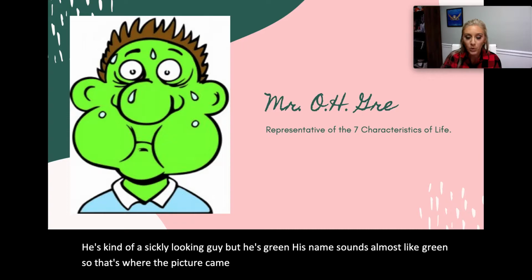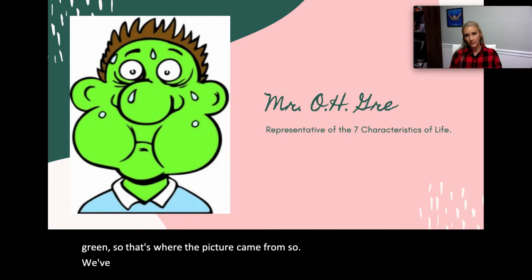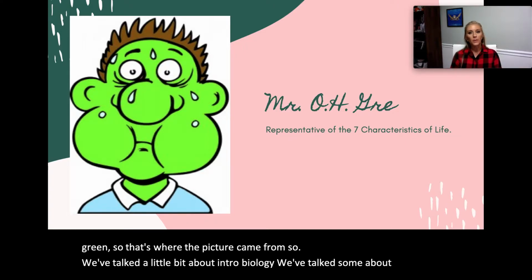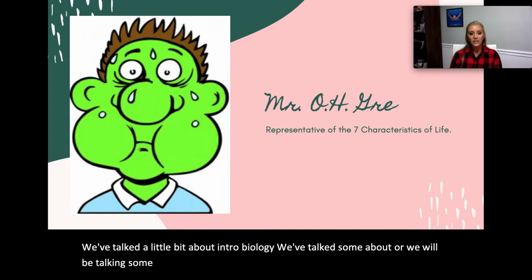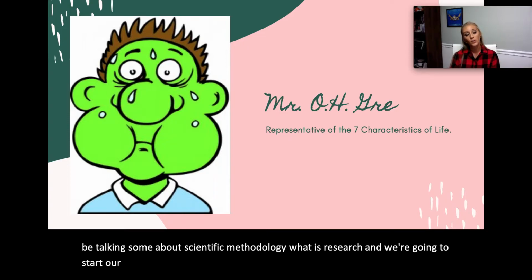So we've talked a little bit about intro biology. We will be talking some about scientific methodology, what is research, and we're going to start our own little project sometime soon.